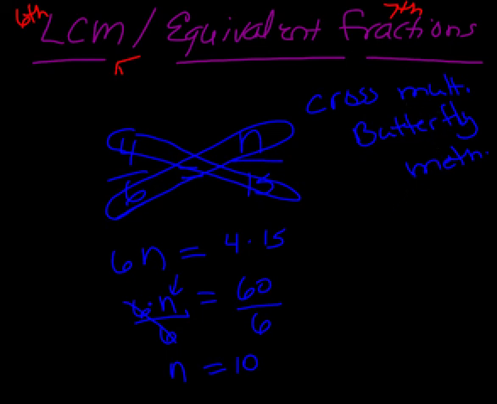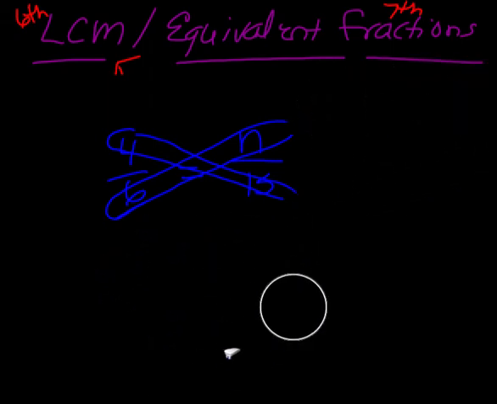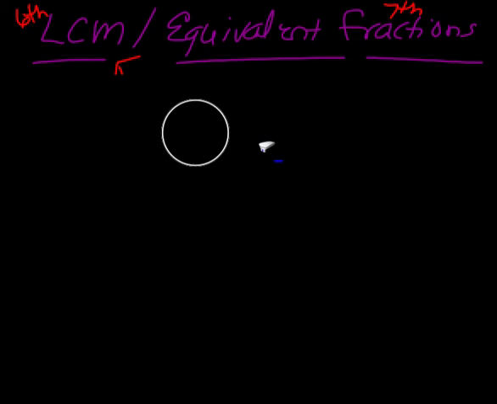All right, so let's practice that a little bit more. Let's try another one. Let's do 5/7 equals 15 over an unknown number.